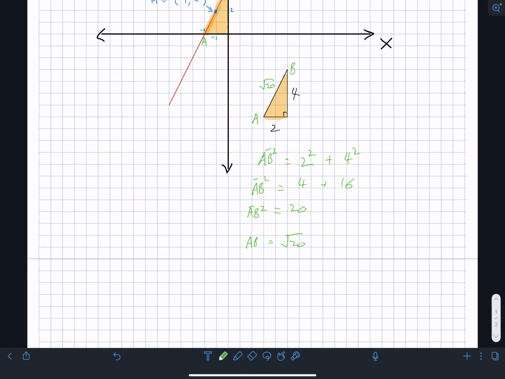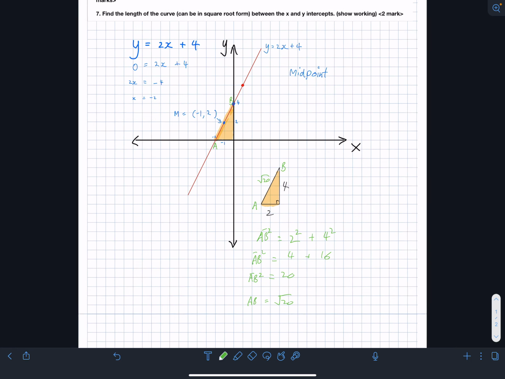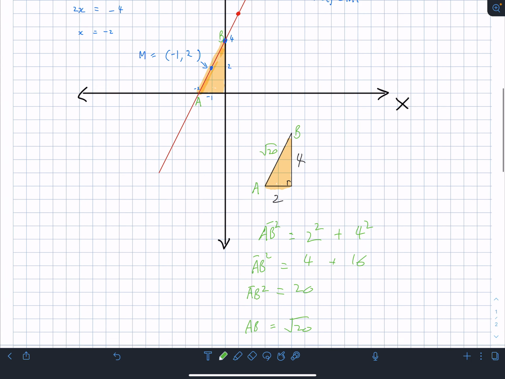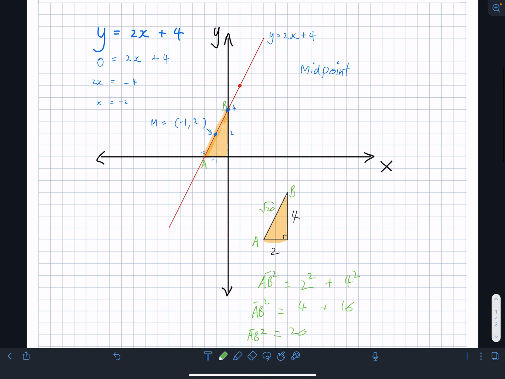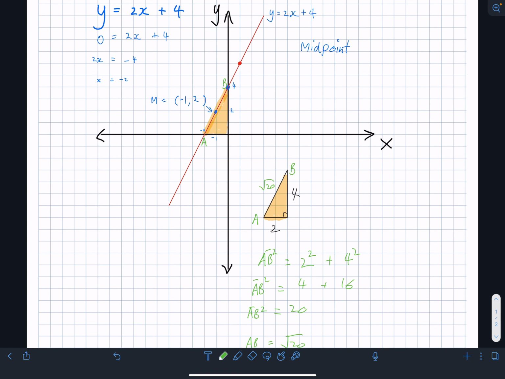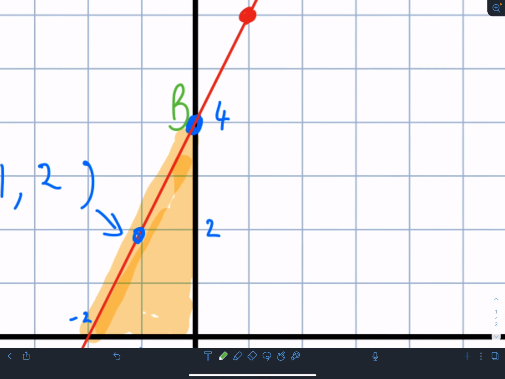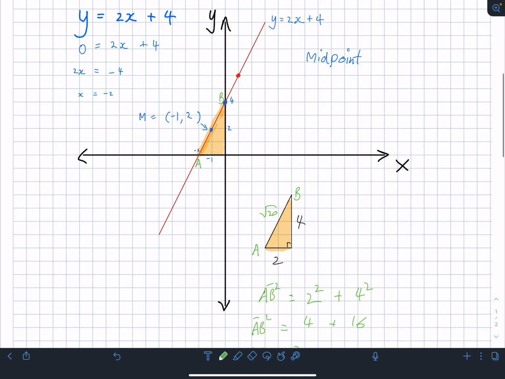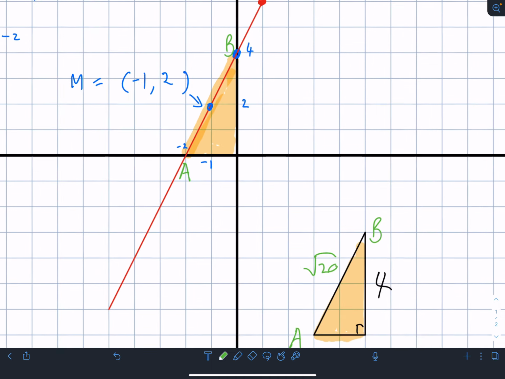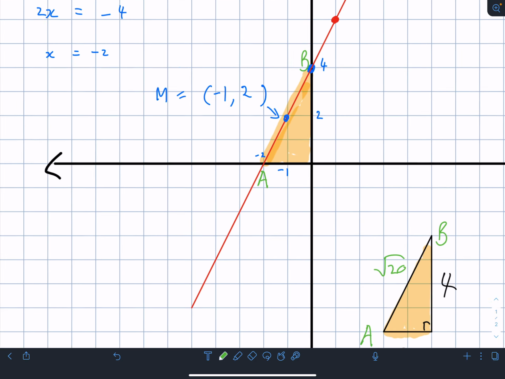Excellent. So in this video we have been able to sketch the curve of y equals 2x plus 4, and it's shown as a red line on our Cartesian number plane. We've found our y-intercept is 4. We've found our x-intercept at x equals -2.